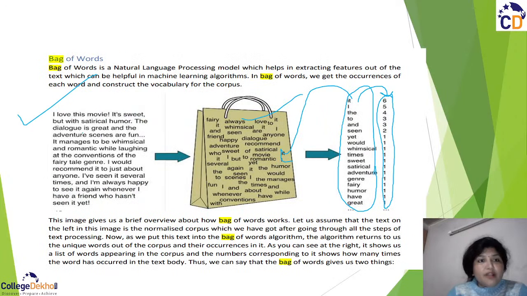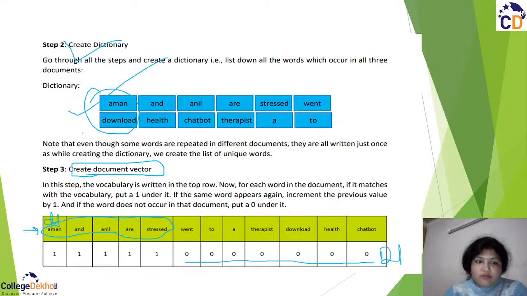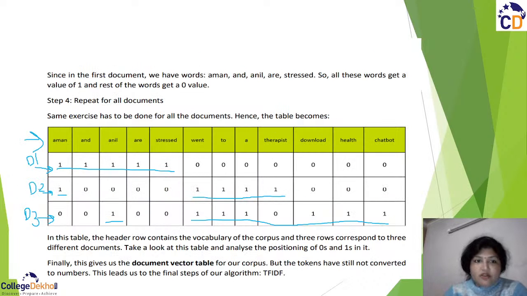So hope you have understood the bag of words. In this we have first done data pre-processing, then after text normalization we have created a dictionary, and after the dictionary we have a document vector. That document vector contains all the document frequencies, and from this table you can directly extract your sentence as well, right?